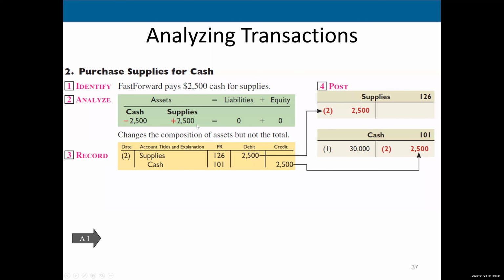Now we know when we increase an asset, we debit. So we're going to debit supplies by $2,500. And then we know that when we decrease an asset, that's going to be a credit. So we're going to take cash, credit, $2,500.